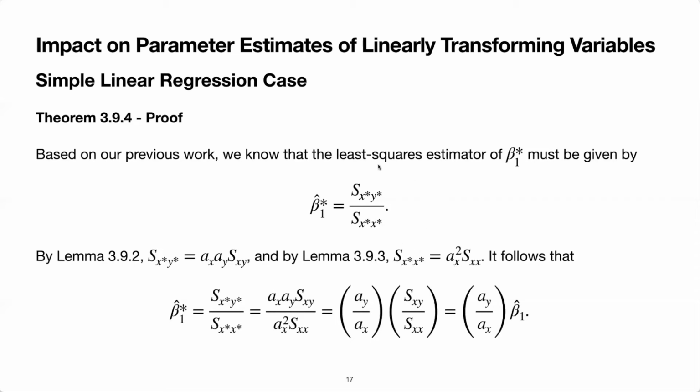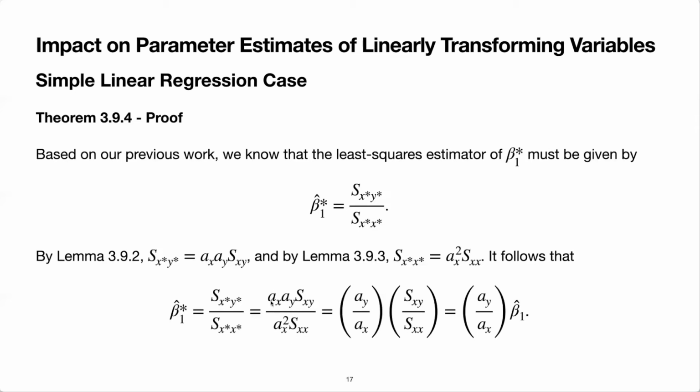And so it follows that the least squares estimator of beta 1 star, which is denoted beta 1 star hat, is equal to s sub x star y star divided by s sub x star x star. All right, and so we have that being equal to a sub x times a sub y times s sub xy divided by a sub x squared times s sub xx.